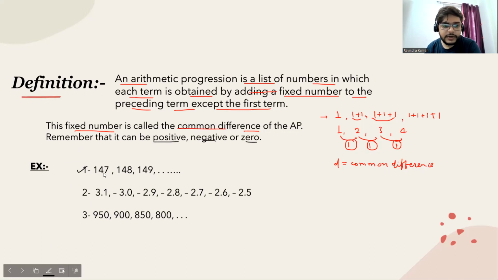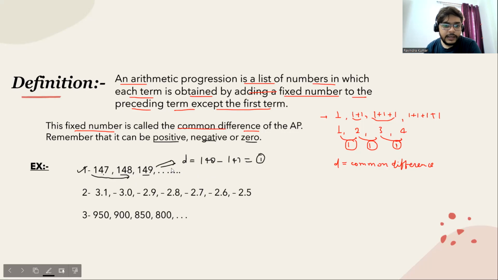You are seeing that the first term is 147, then 148, then 149, and so on. If we find the common difference here, first we will find the difference between the first two terms. 148 minus 147, so we will get 1.